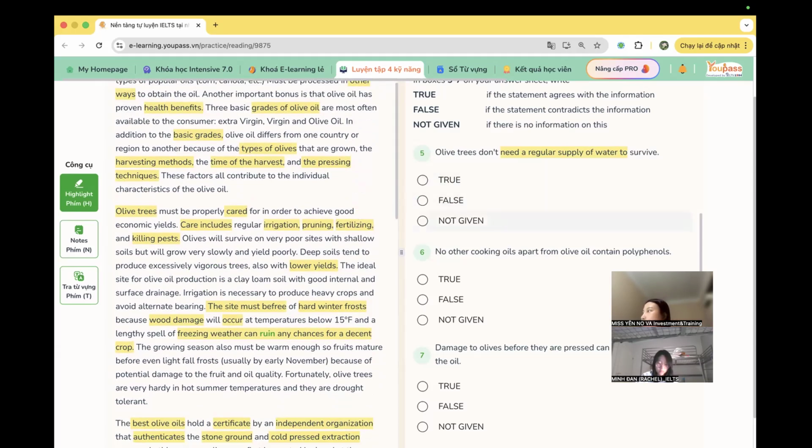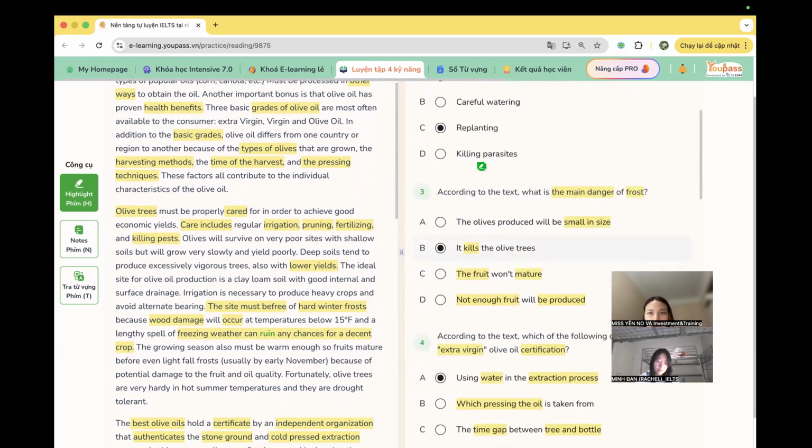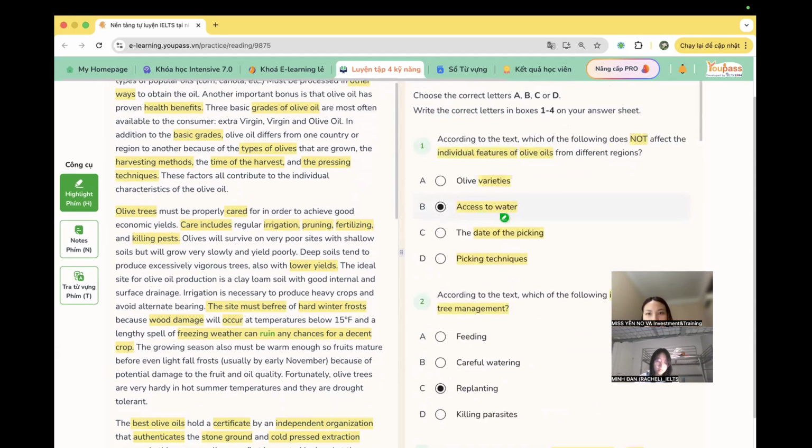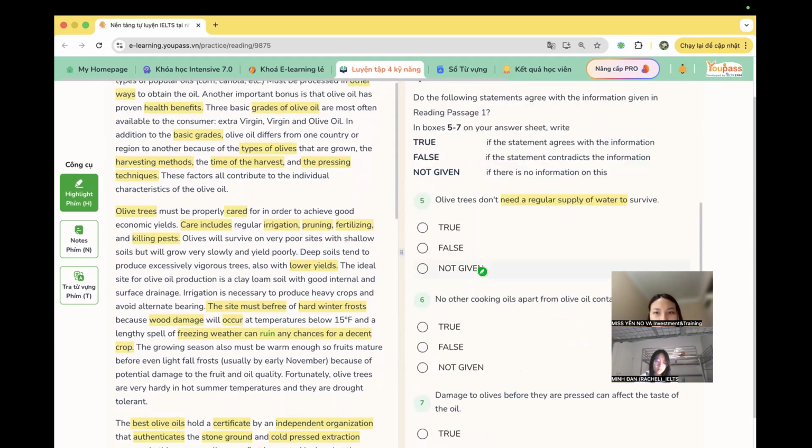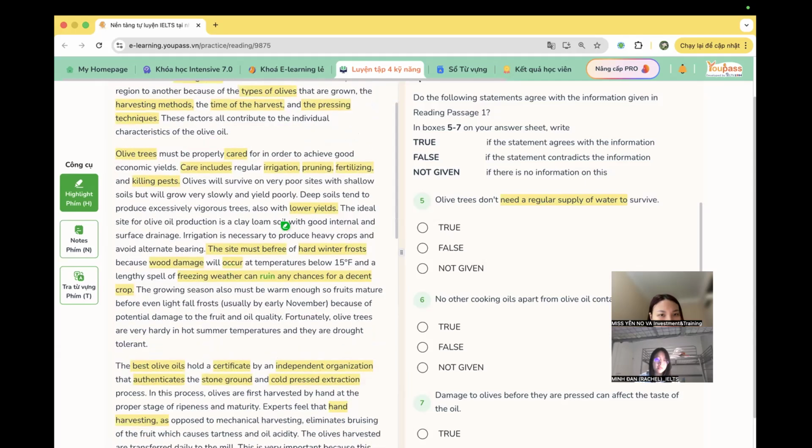Is it true or not given? When you already answered the question about water, here access to water doesn't reflect it. Don't need a regular supply of water to survive. Well, like true. True, yeah. They only mention the soil. They don't mention the water, so that would be true.